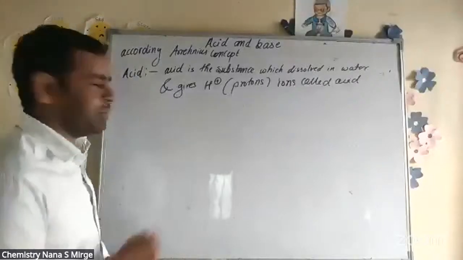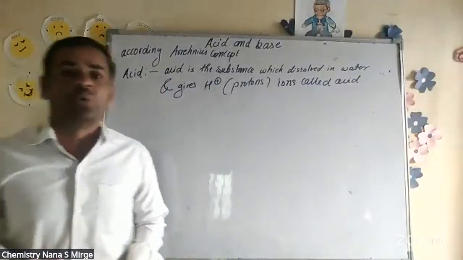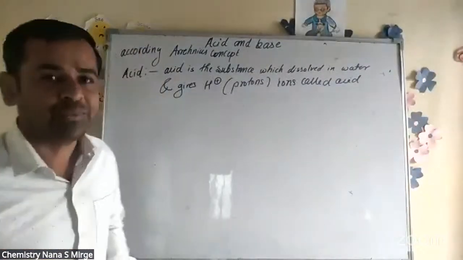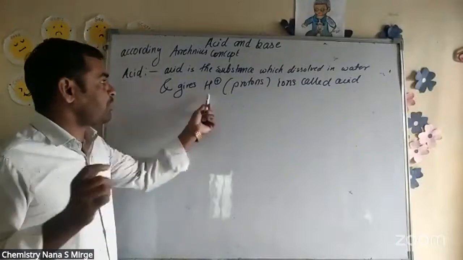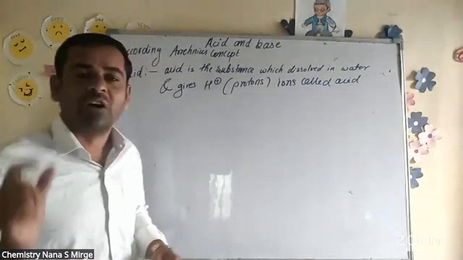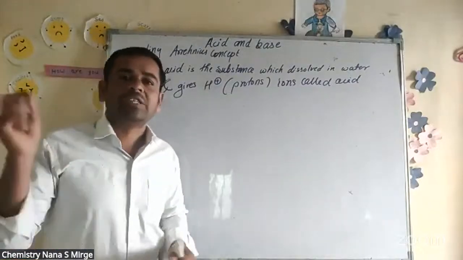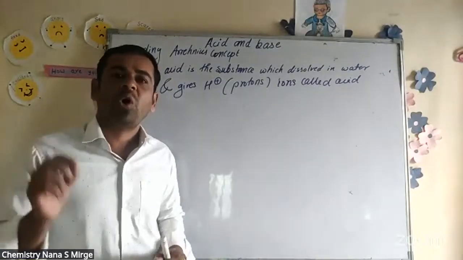So how does dissociation occur? Dissociation is essential. The acid is an H plus ion donor. It is a very necessary condition. According to Arrhenius concept, the substance which can donate H plus ion or proton is called acid.